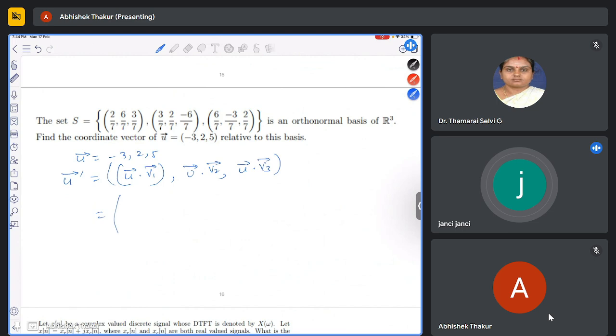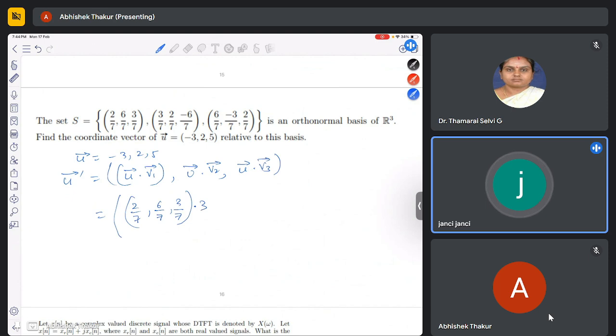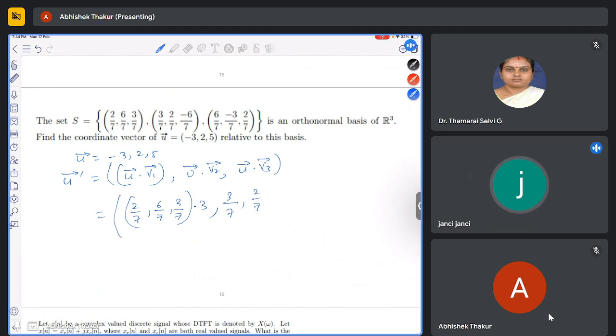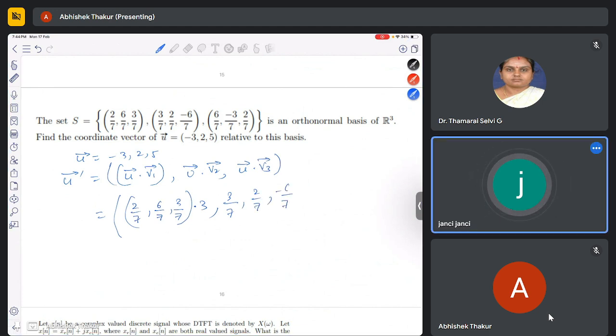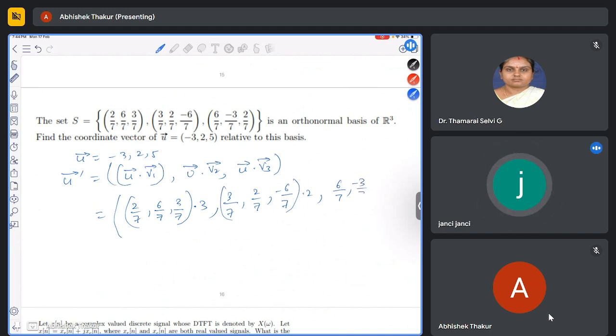So this will become 2 by 7, 6 by 7, 3 by 7 into minus 3, 3 by 7, 2 by 7, minus 6 by 7 into 2, 6 by 7, minus 3 by 7, 2 by 7 into 5.